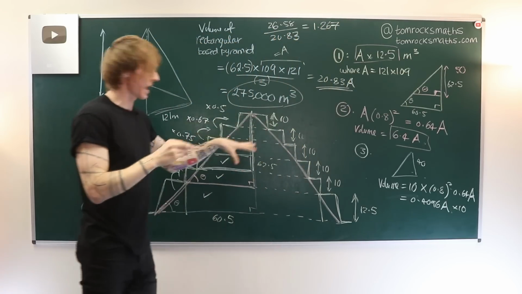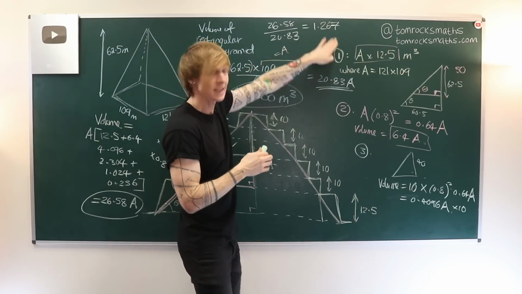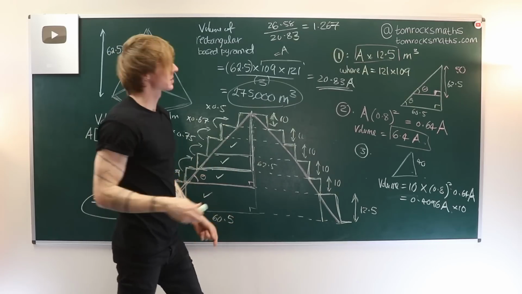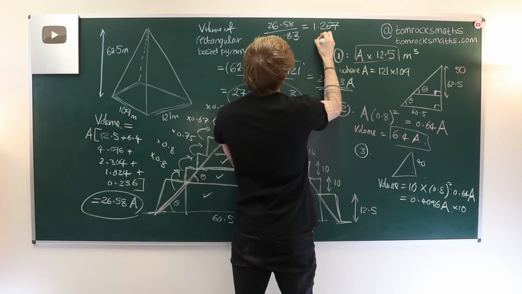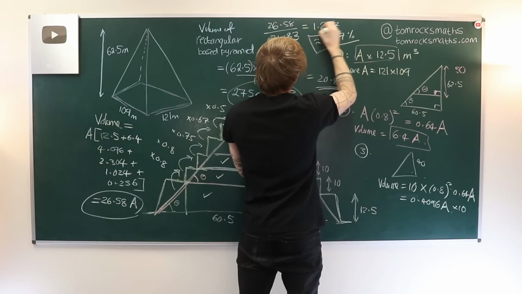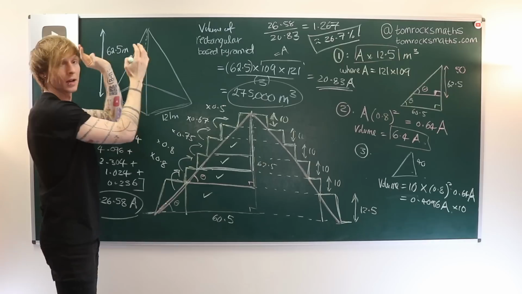So our step pyramid has a volume which is 1.267 times this original volume. So in other words, it is approximately 26.7% bigger as a step pyramid than it is as the regular pyramid.